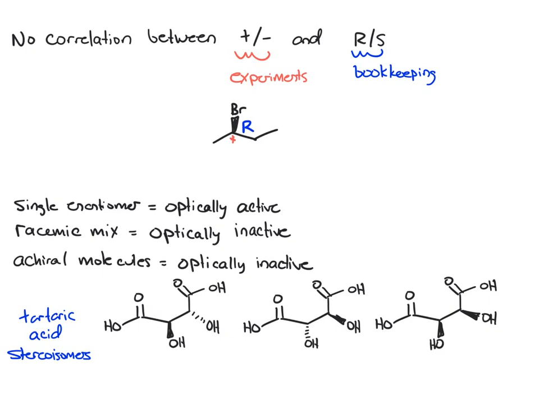And the first 2, these are enantiomers. The third one, this one is actually a meso compound, but it's a diastereomer of the others.